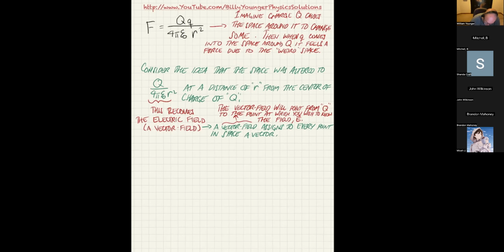So what we ultimately do is we define the electric field as E is equal to the limit as lowercase q approaches 0 of Q over 4 pi epsilon naught R squared.